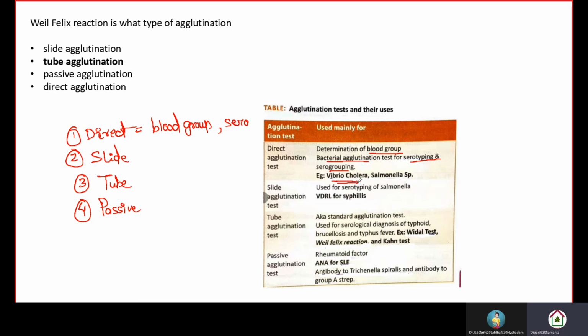For example, Vibrio cholerae, Salmonella species. All these can be grouped by direct agglutination test.